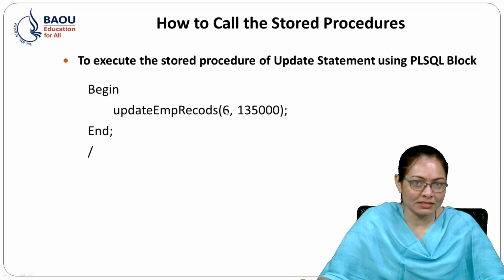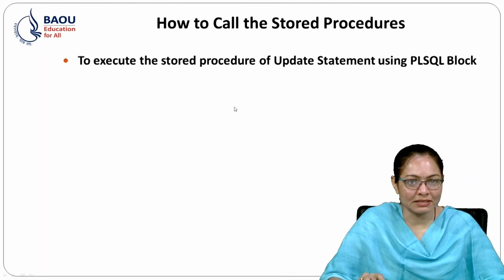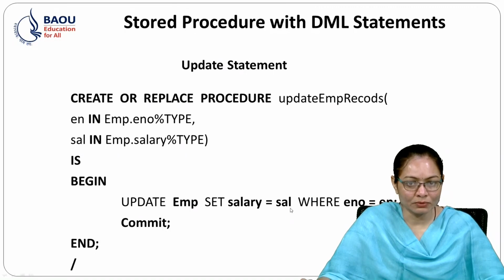This value is stored in the employee number variable, and this value is stored in the salary variable. These both values are passed in the employee number and salary variables, which are assigned to the column. We already saw here this value passed by the employee number and salary, which is stored in a column name.